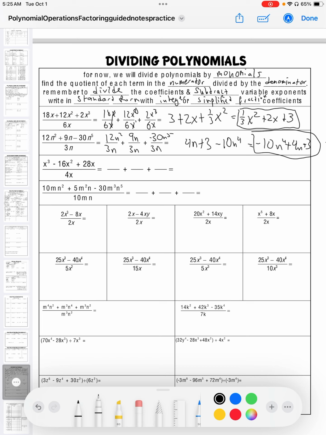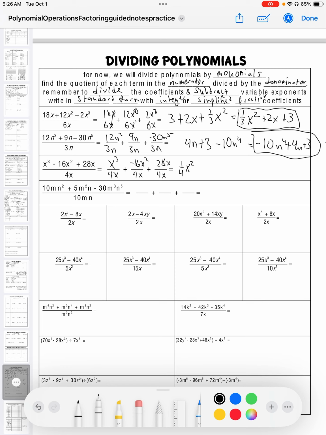X cubed minus 16x squared plus 28x divided by 4x. We'd have x cubed divided by 4x. And then we'd have negative 16x squared divided by 4x. And then 28x divided by 4x. X cubed divided by 4x would give me 1/4 x squared.